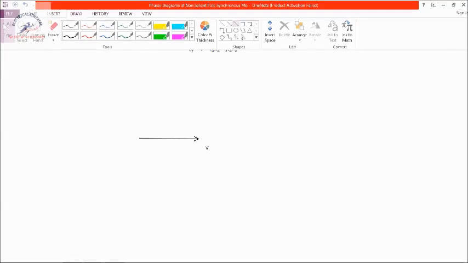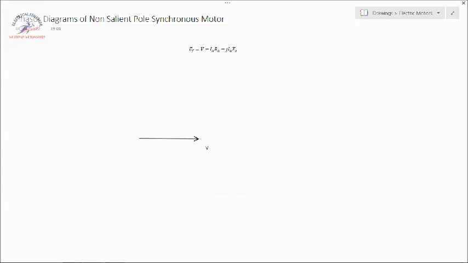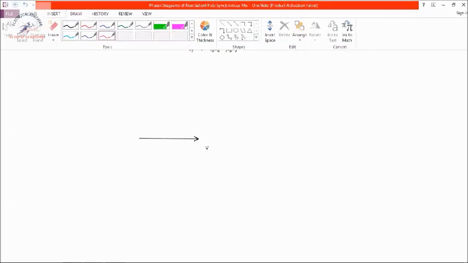But for simplicity, we will consider a case where current lags the voltage. So I'll draw the current phasor, which is lagging this vector V by some angle.